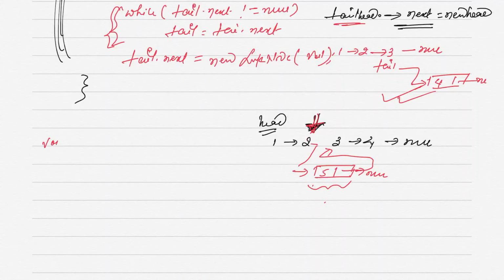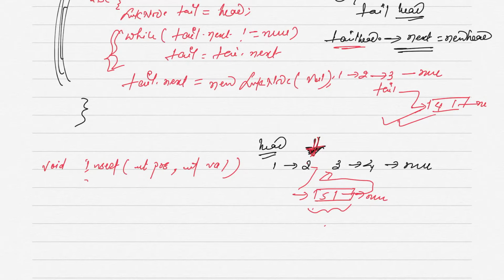Okay, so let's see. You have a function, void insert, with an integer position and an integer value, right? We will take ListNode current equal to head.